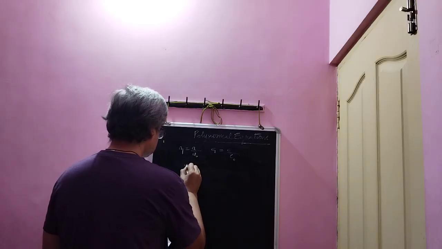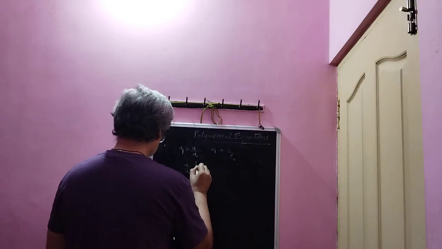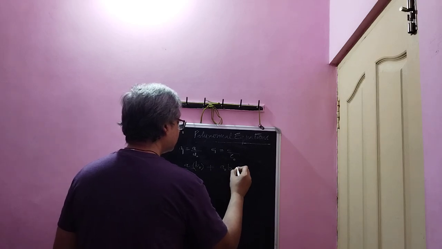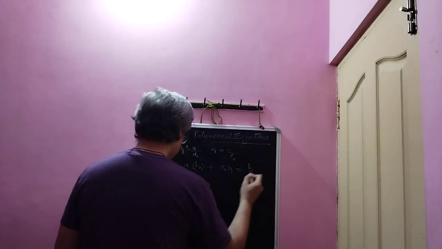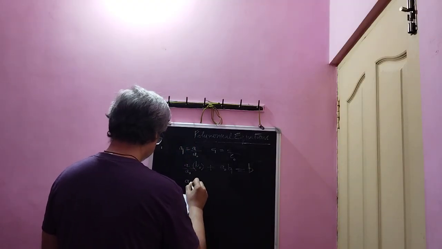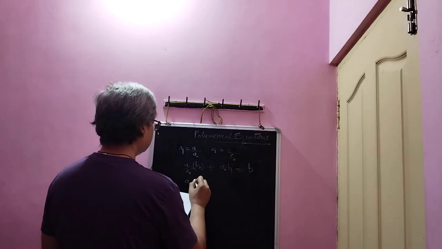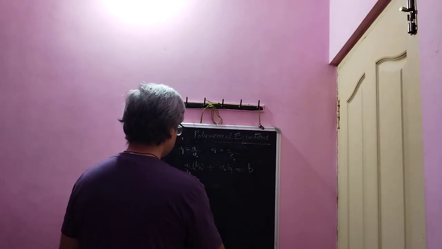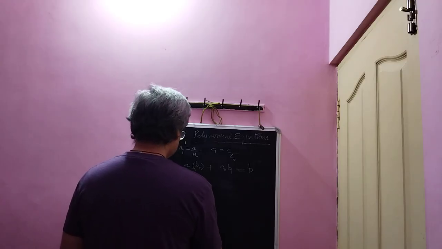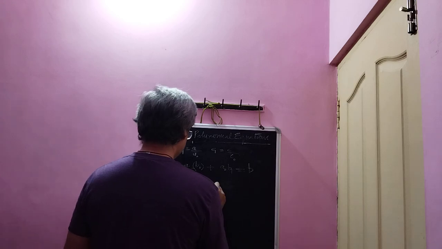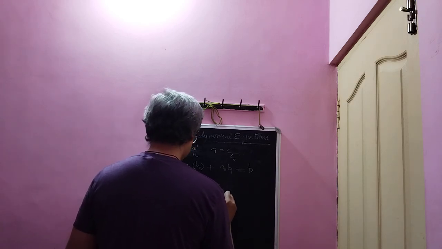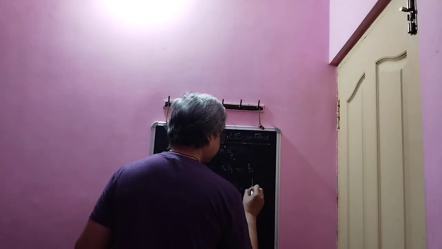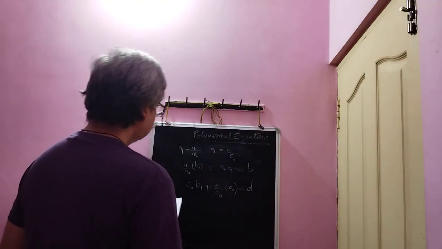Then we have A by A naught times B naught plus A naught B1 is equal to B, and we also have C naught B1 plus E by C naught B naught is equal to D.